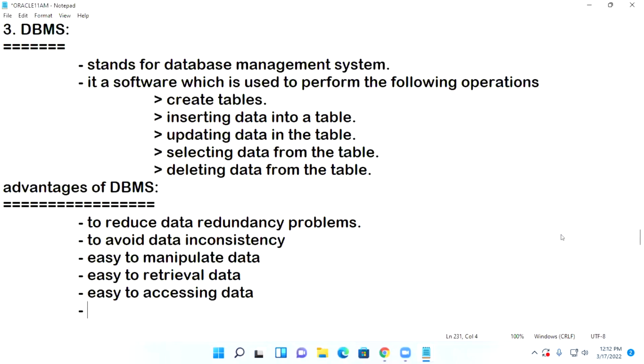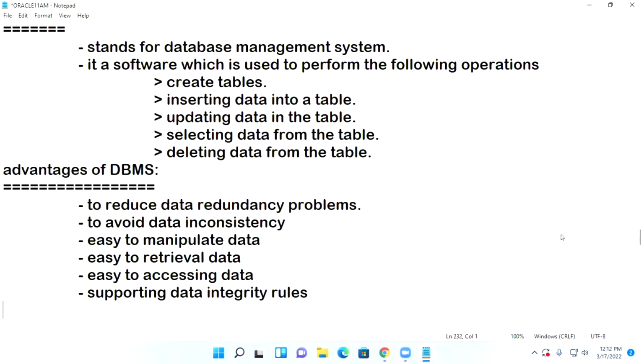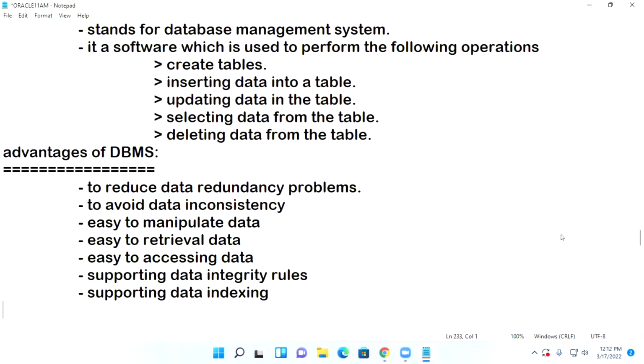Next one is supporting data integrity rules. That is called validations are supported. And next one is supporting which concept? Indexing, it will be supported here.